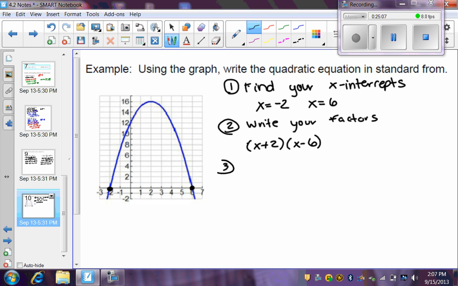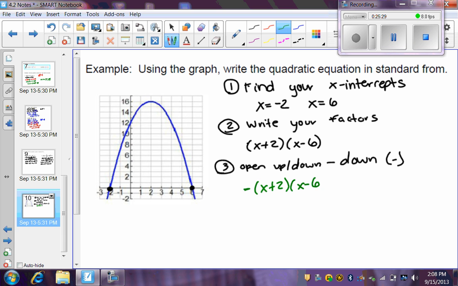Then the next step would be, does it open up or does it open down? And if you look at the graph, it opens down, which tells you there has to be a negative out front. So then really what we have is negative parentheses x plus 2 times x minus 6. And then from there, you can just FOIL that out.